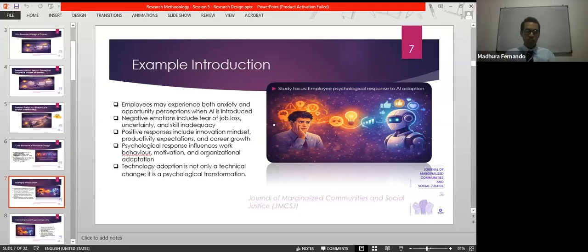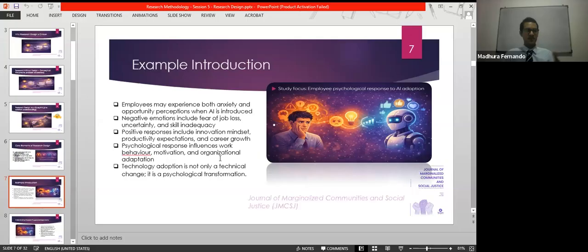So the psychological responses influence work behavior, motivation, and organizational adaptation. Now you can understand, you can adopt AI, doesn't matter, but depending on the employee's mindset, you have the consequences.